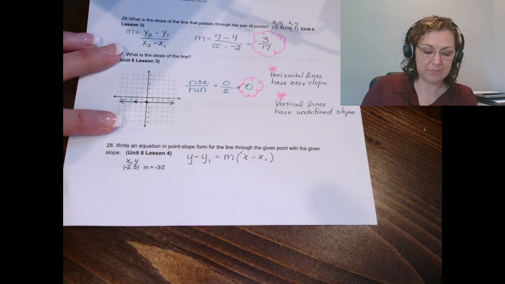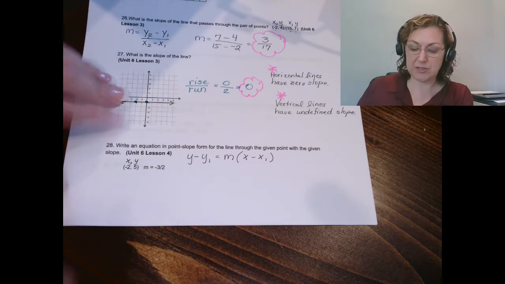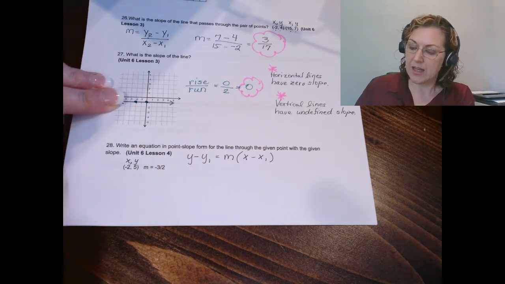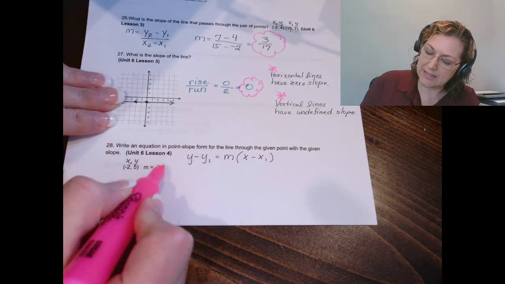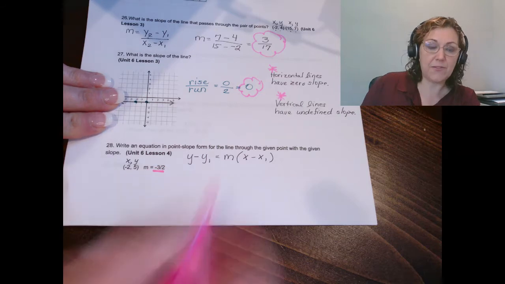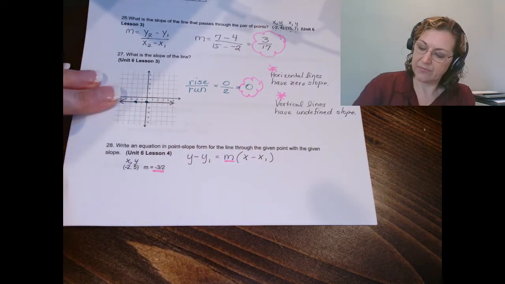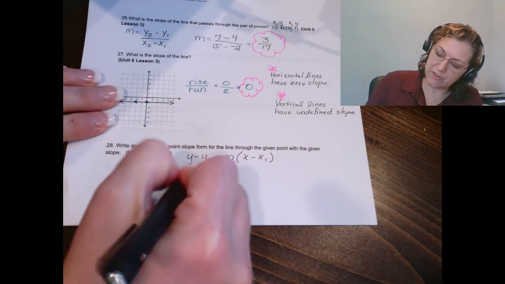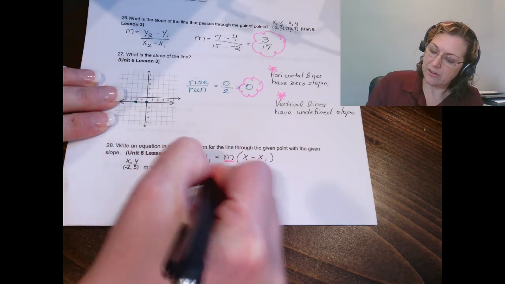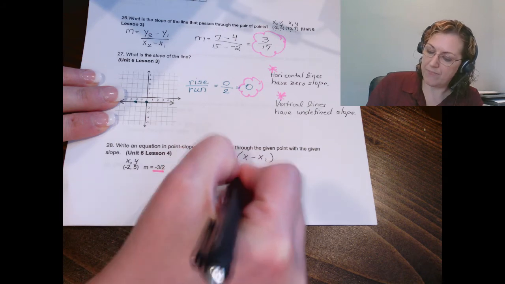And then we're told what m is. So friends, we're going to do some substituting here. The first substitution I'm going to make is I'm going to put in -3/2 for m. So I'm just going to do that first. -3/2 for m.